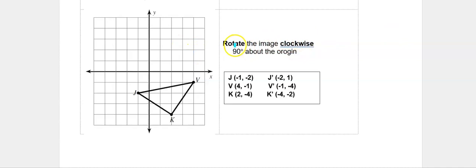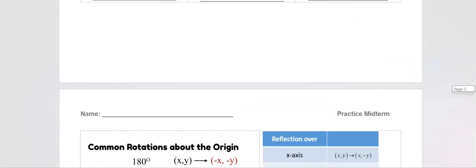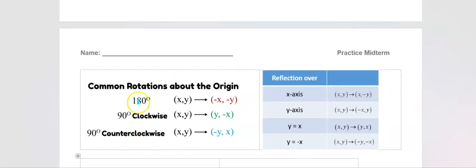We're going to rotate this image 90 degrees clockwise. So when we go up here to the table, we're over here on this side, and we can see this is 90 degrees clockwise. So it's telling us that once we get our x and y point, our prime point will be, we're going to write the y first, and whatever x is, it's going to be the opposite.